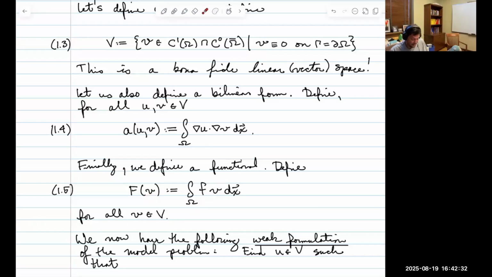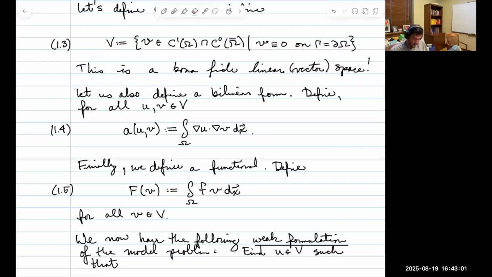Each time I do that with any function that's nice enough, I always get a number. Well, f itself, we said, was going to be a C0 function, right? And so we are going to integrate that against v. I don't know if this is going to be finite for every v either, because f could be bad near the boundary.